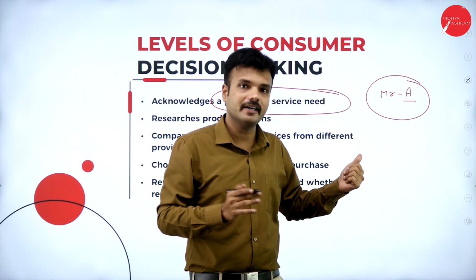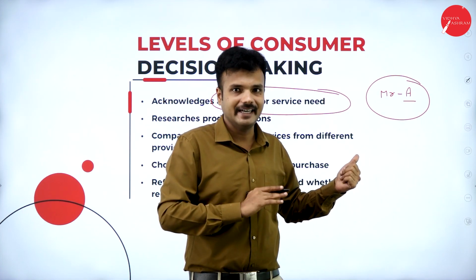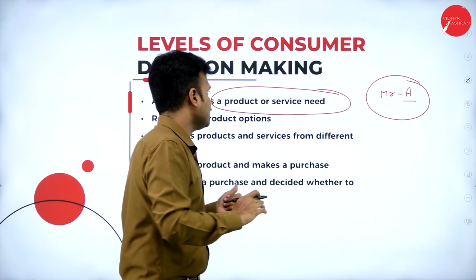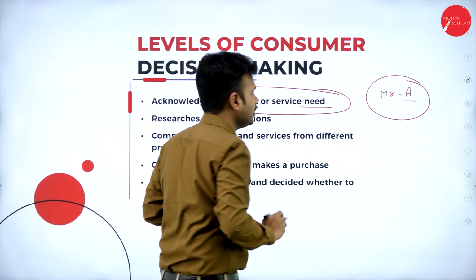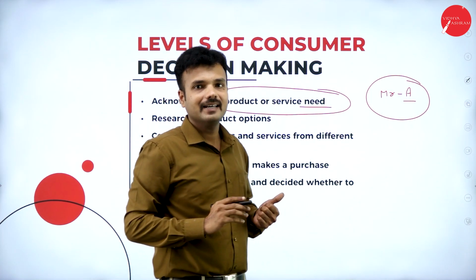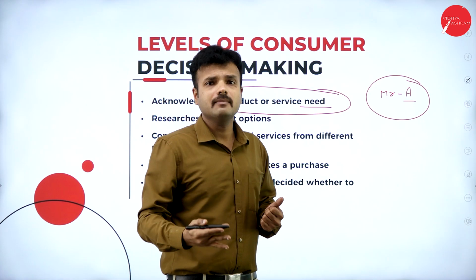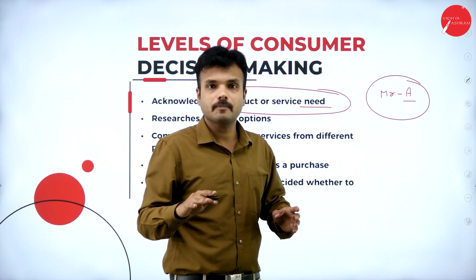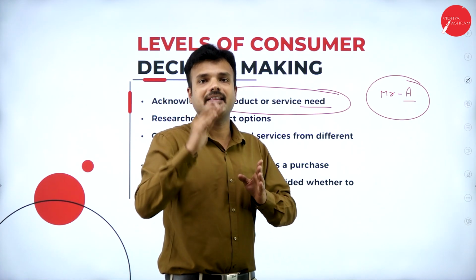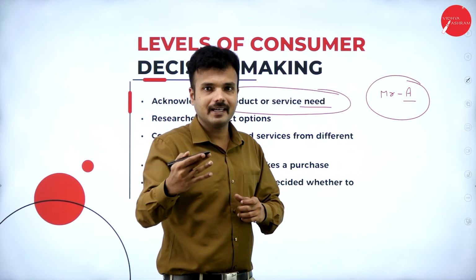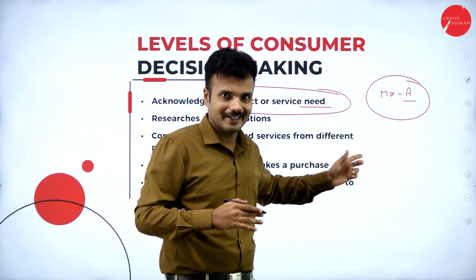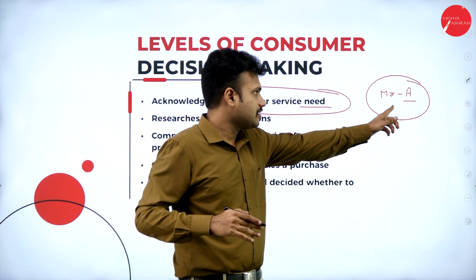So here we have already recognized the need of the individual. Why is this need important in terms of consumer decision making, right? No customer or consumer will purchase a product until and unless it is a need to him, right? So if it is a need, he makes a purchase, right? So we recognized the need of Mr.